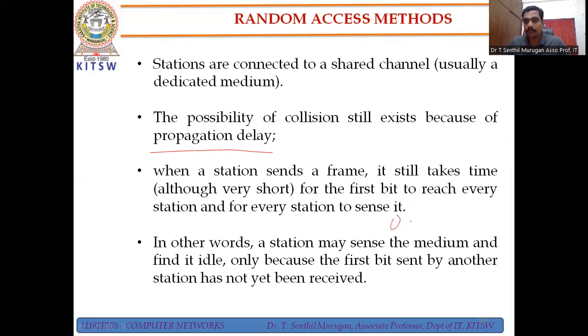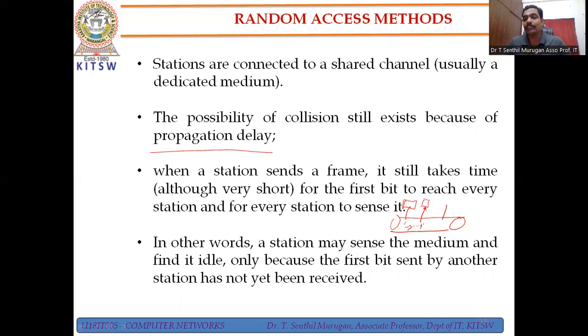Okay, so the medium is there. One station is connected here, another station is connected here, another station is connected here. What happened? This station is sending the data. The data will reach here, no? Then only does the station know the medium is busy.